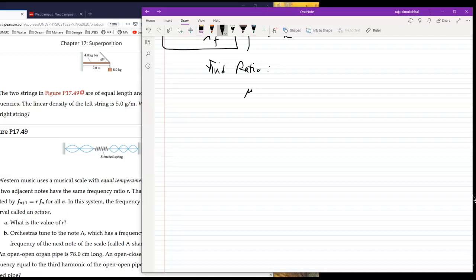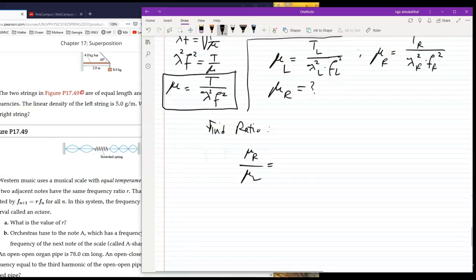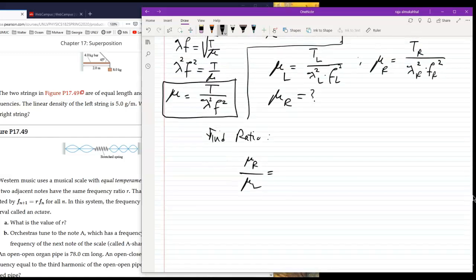So it's going to be mu sub R over mu sub L, which will be equal to T sub R over lambda sub R squared f sub R squared, times, so you flip it, lambda sub L squared f sub L squared over T sub L, right?